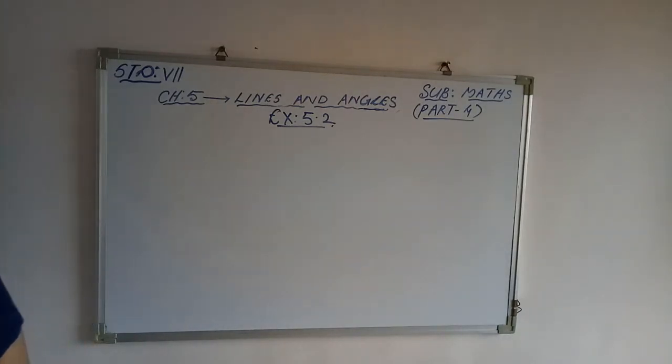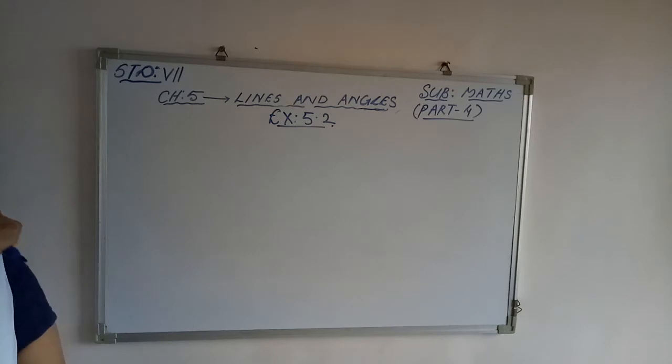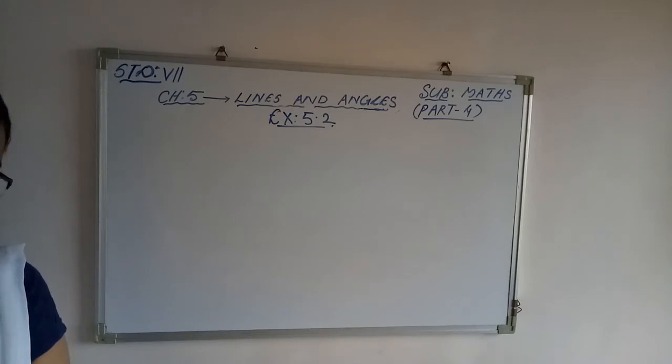Listen to the textbook. In the first question, if A parallel to B, that means there are two lines given, A and B. The line A is parallel to B, then angle 1 is equal to angle 5. See that it's already given: line A is parallel to B. And what is given? Angle 1 is equal to angle 5.